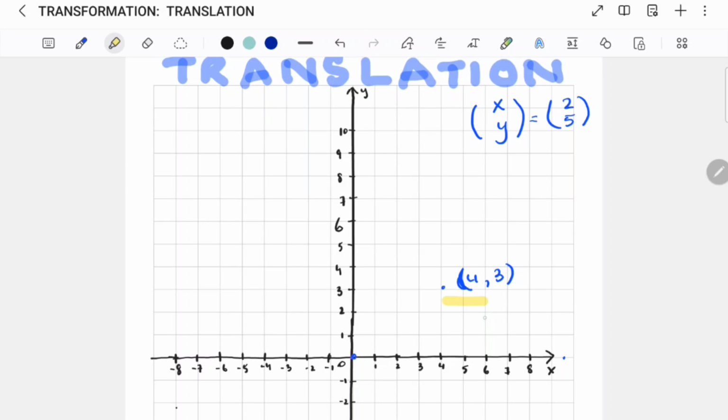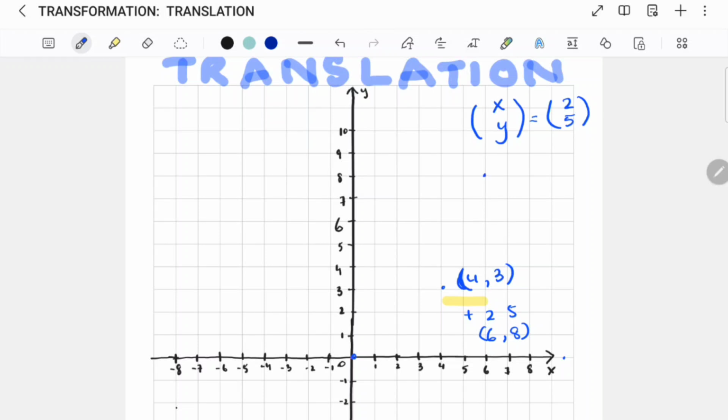It means you can add 4 plus 2. You can also add and get the point. So 2 and 5: 4 plus 2, you will come to 6, and 3 plus 5 is 8. 6 and 8 will be the coordinate for this one.